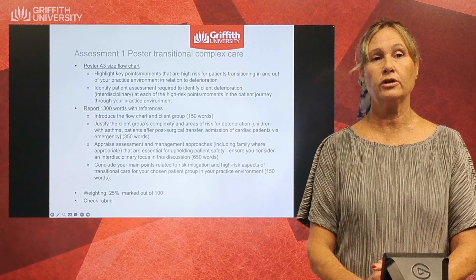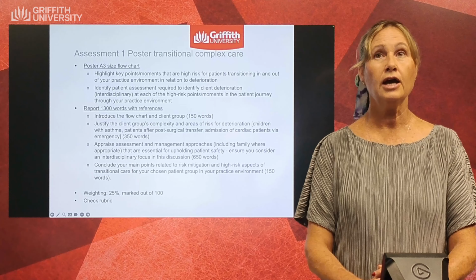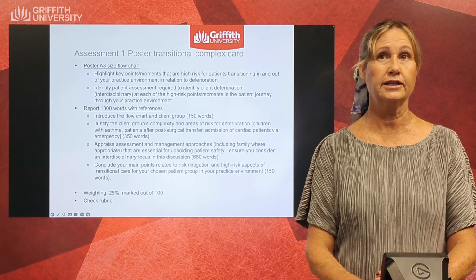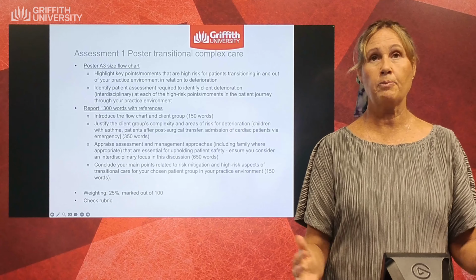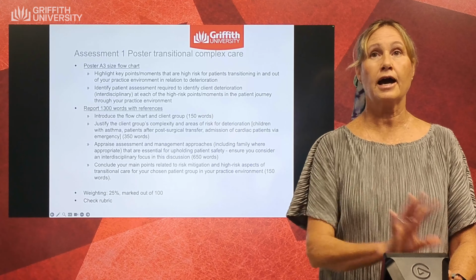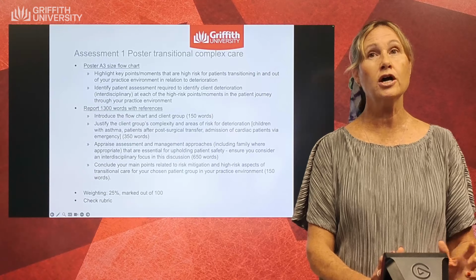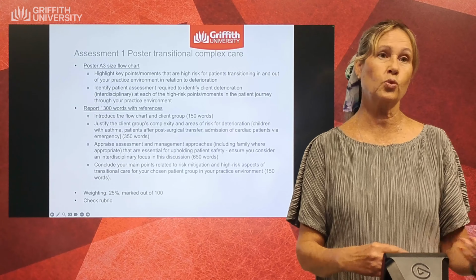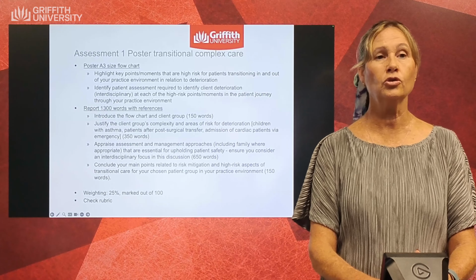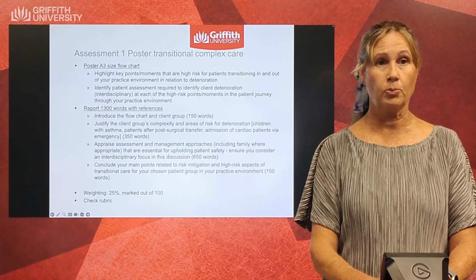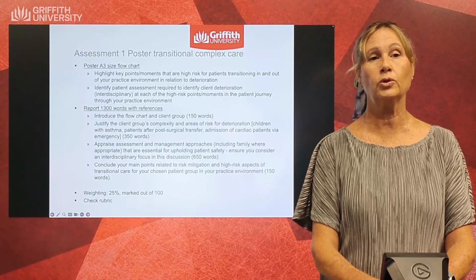You're making a poster, A3 size, which is a flow chart. Basically use a PowerPoint presentation, put in the aspects, remembering to think about the size of your font, so that it reads well. You also write a report, which is 1,300 words.